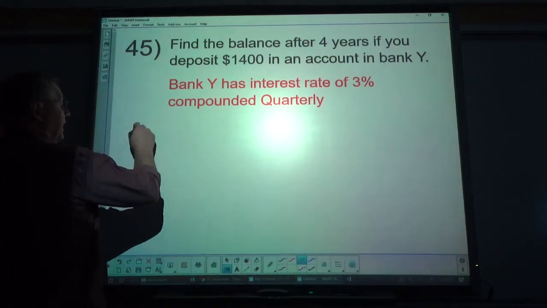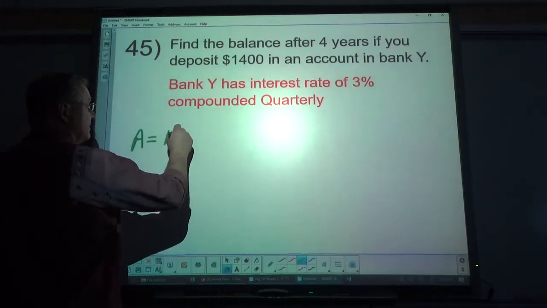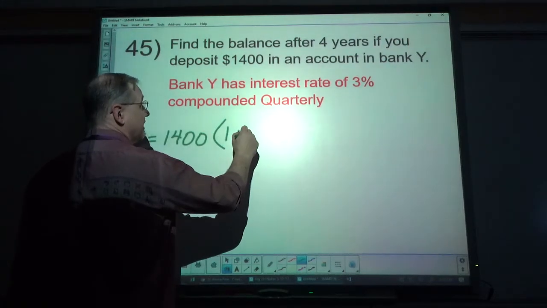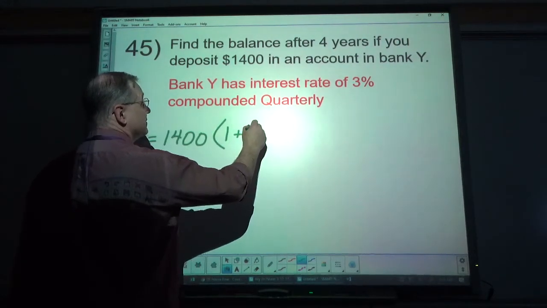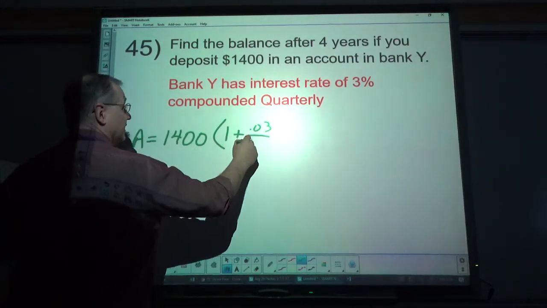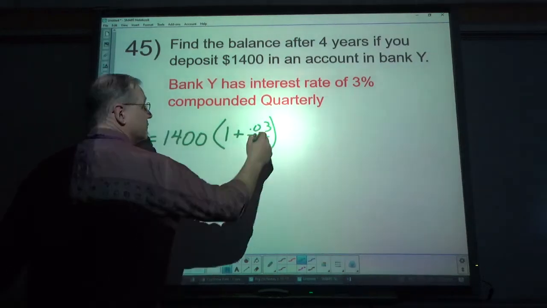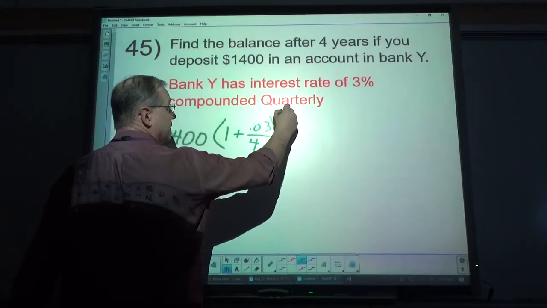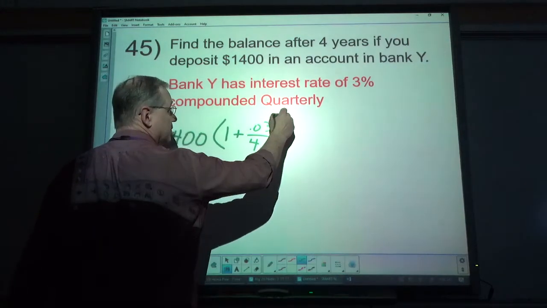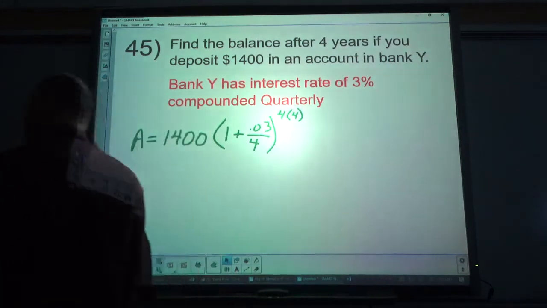So A equals the initial amount or principal, $1,400, times 1 plus R 0.03 over 4, quarterly, to the N, N is 4. And number of years is 4. There's your starting point.